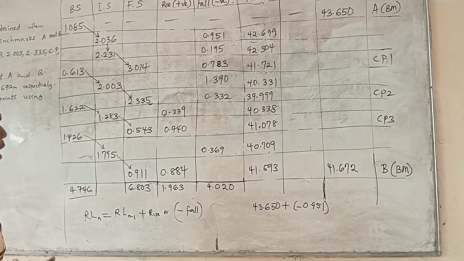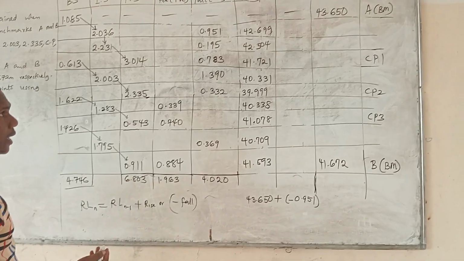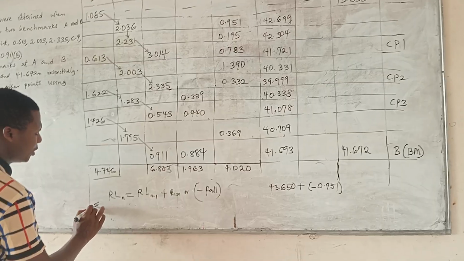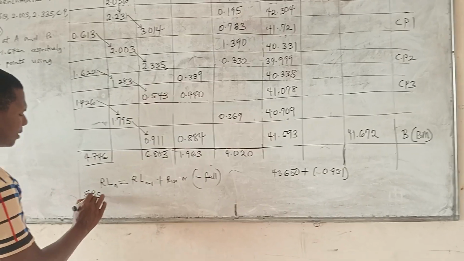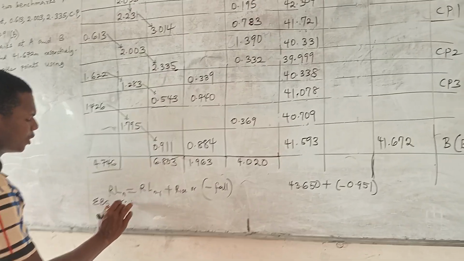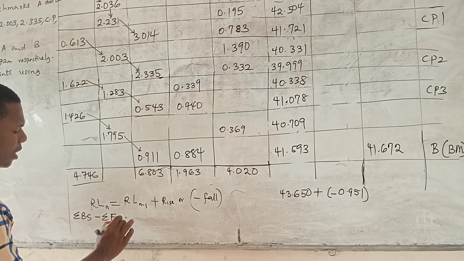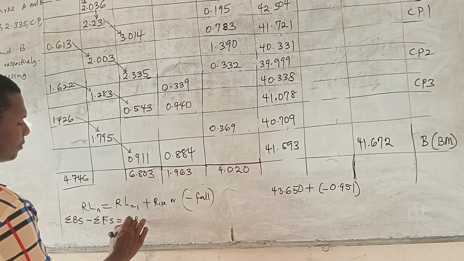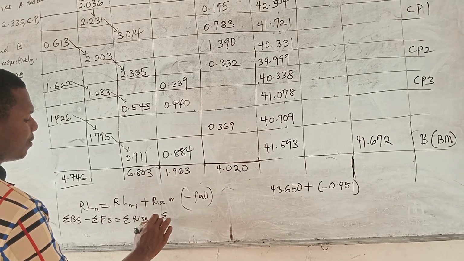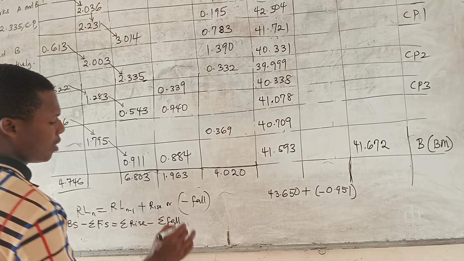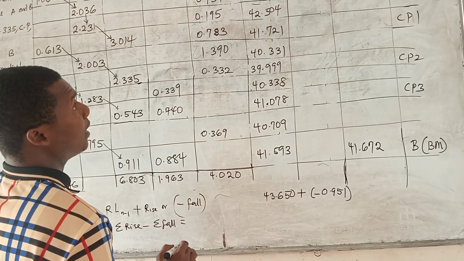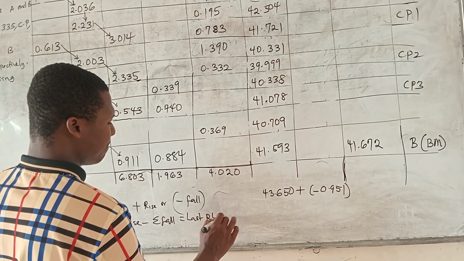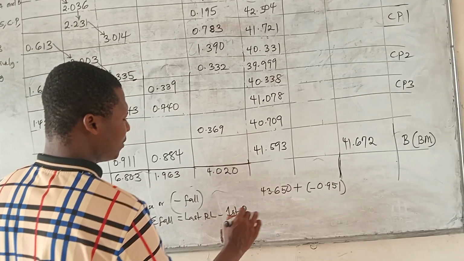So we can now do the arithmetic check. It will be the summation of backsight minus the summation of foresight equals the summation of rise minus the summation of fall equals the last reduced level minus the first reduced level.